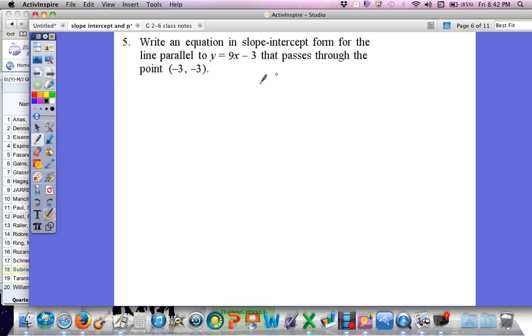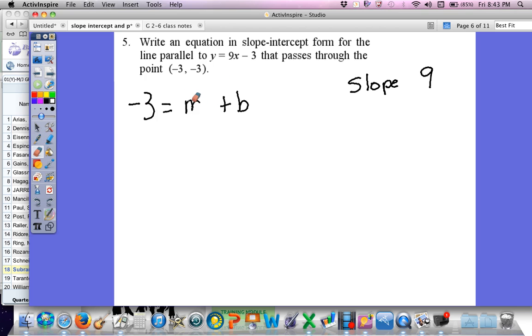Write an equation in slope-intercept form of the line parallel to y equals 9x minus 3 that passes through this point. So once again, I have a slope of 9. Before, I would have put in negative 3 for each of these. Actually, I think I'll do that again this time. So y is negative 3 in this problem.